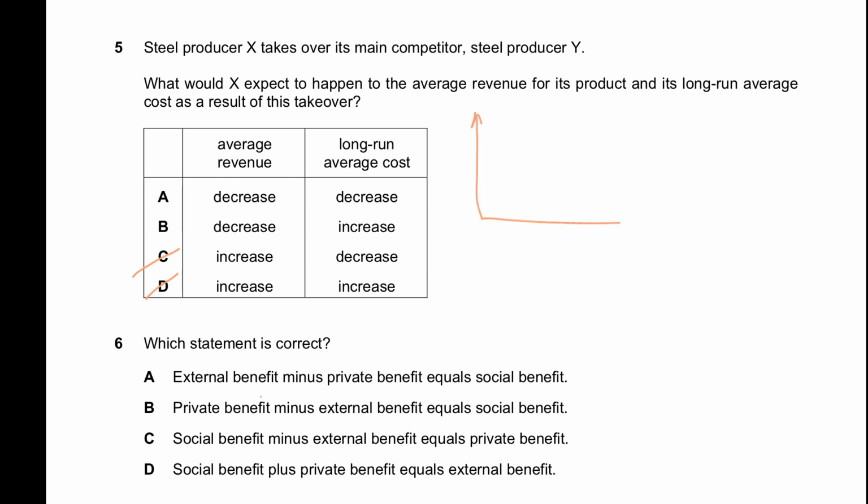Remember, long run average cost could decline from point A to point B because you are now going to produce more. You are taking over a competitor, and therefore long run average cost may decrease, and the right answer will be C. When you're taking over, you are probably going to achieve economies of scale, and you are also going to achieve higher demand.